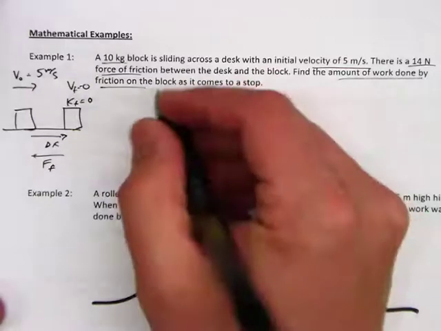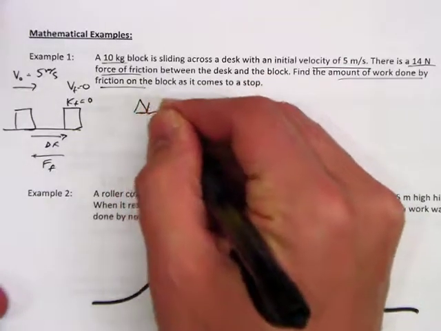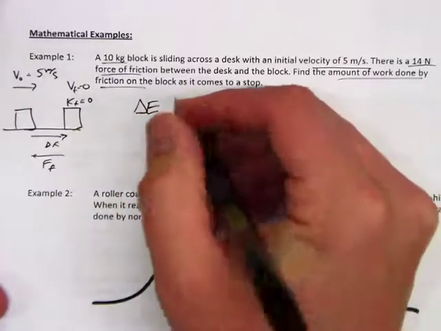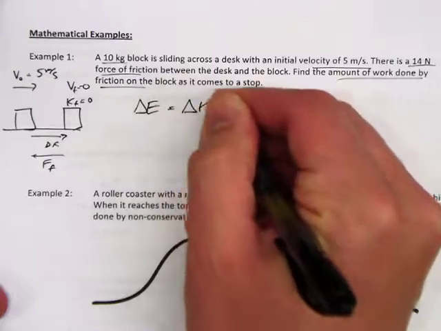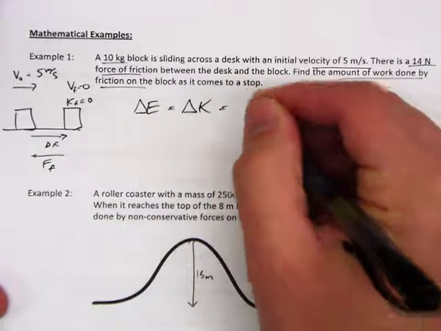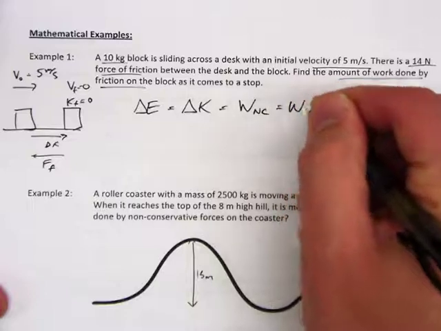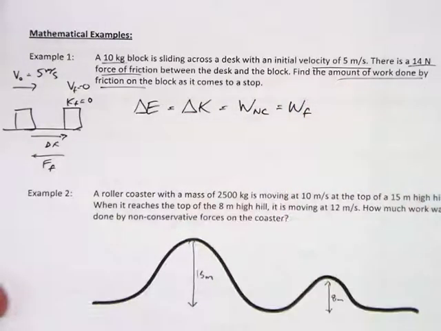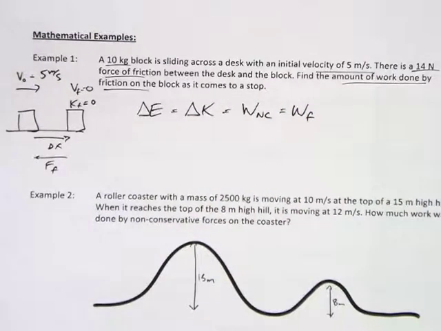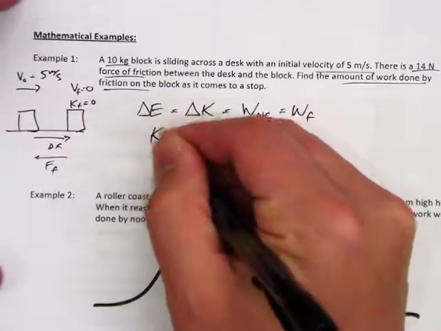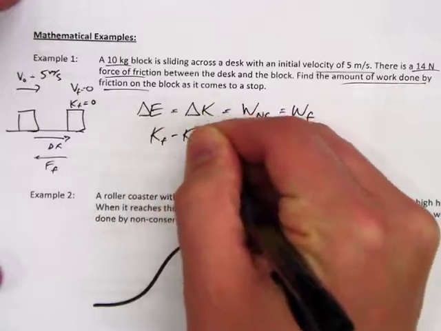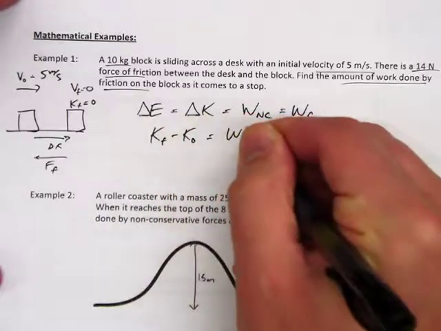And if there are no other forces, then the change in mechanical energy is the change in kinetic energy, which is equal to the work done by non-conservative forces, which is the work done by friction. There's no spring potential changing, no gravitational potential changing, it's all delta K. So in this case, K final minus K initial is equal to the work done by friction.